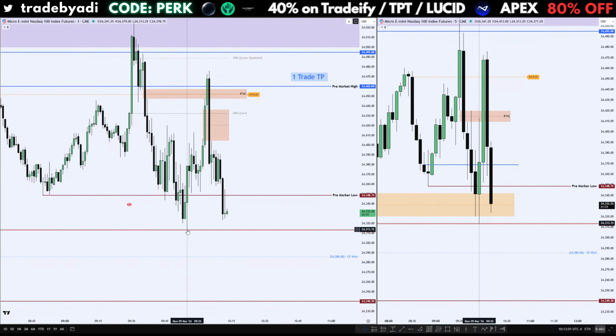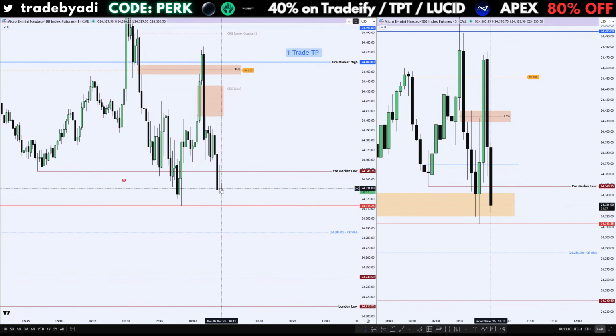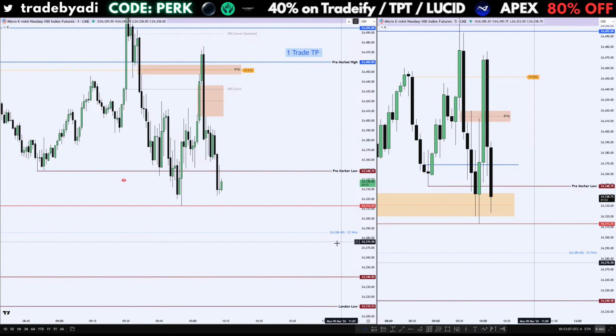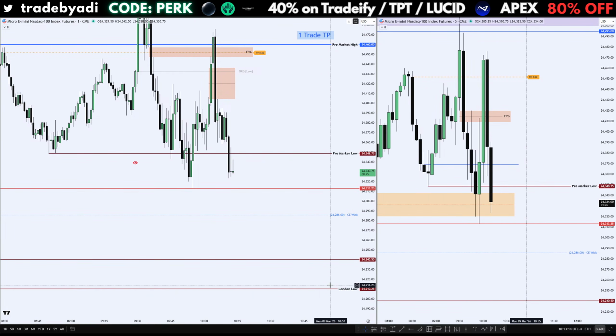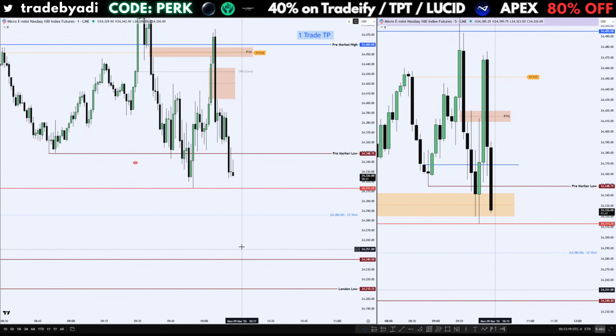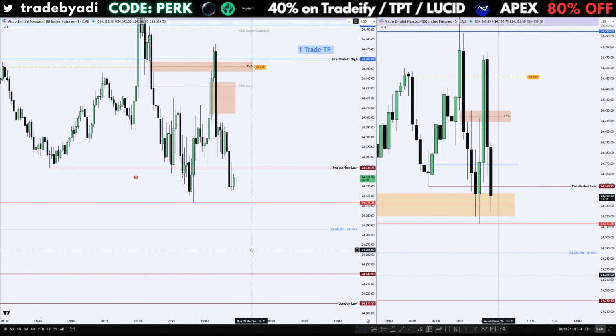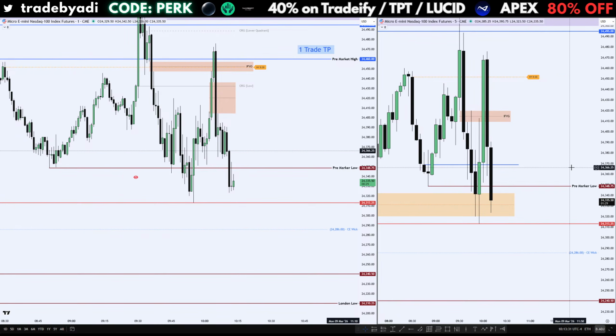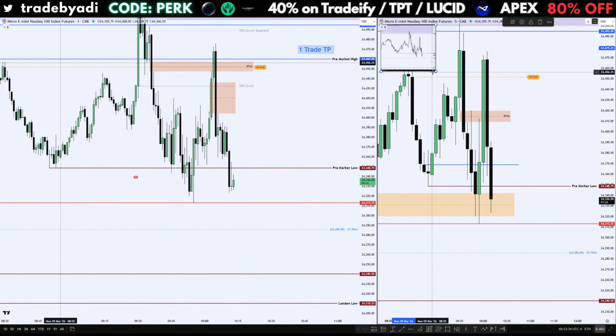After taking out this low, I'm expecting to drop down below and have a displacement to the downside. 24,286 should be the nearest liquidity, and 24,240 can be another target. This is just today's trade, for those who have not seen.